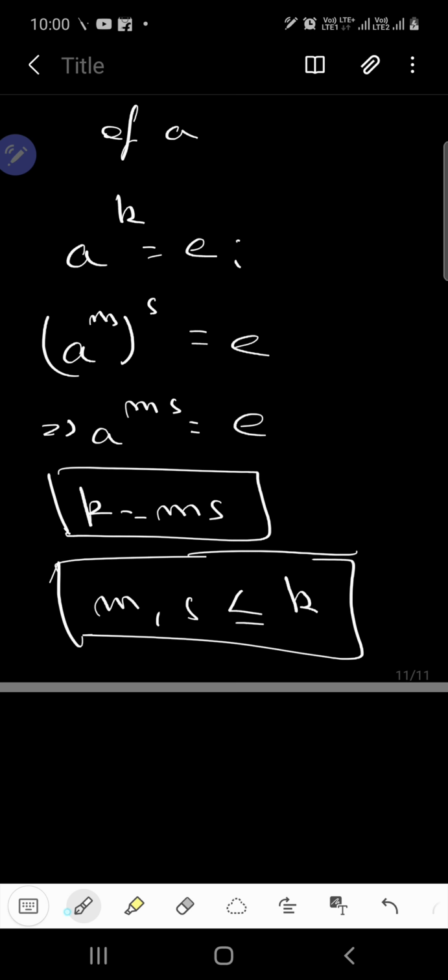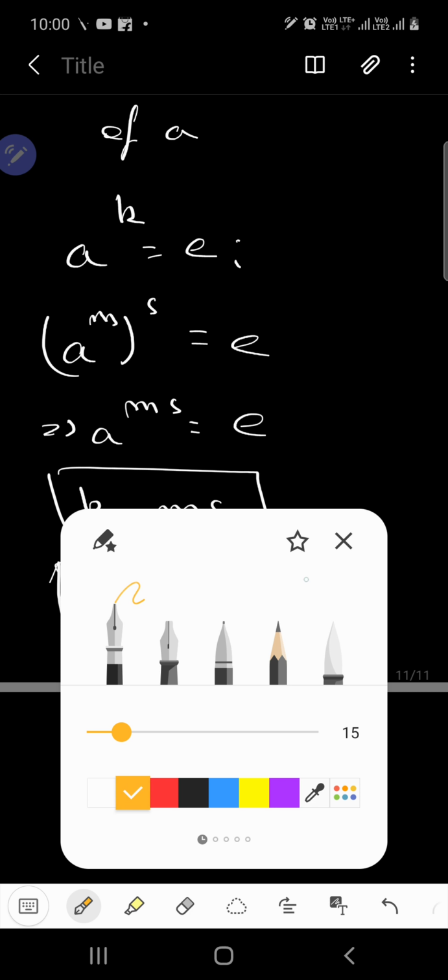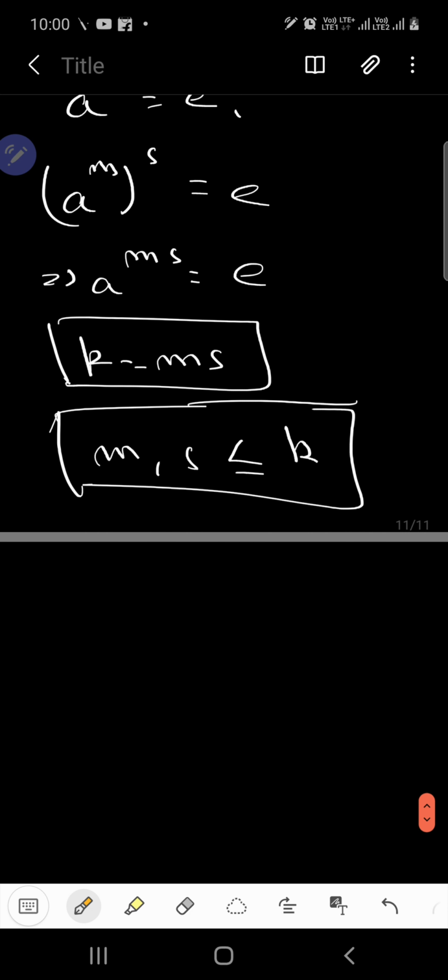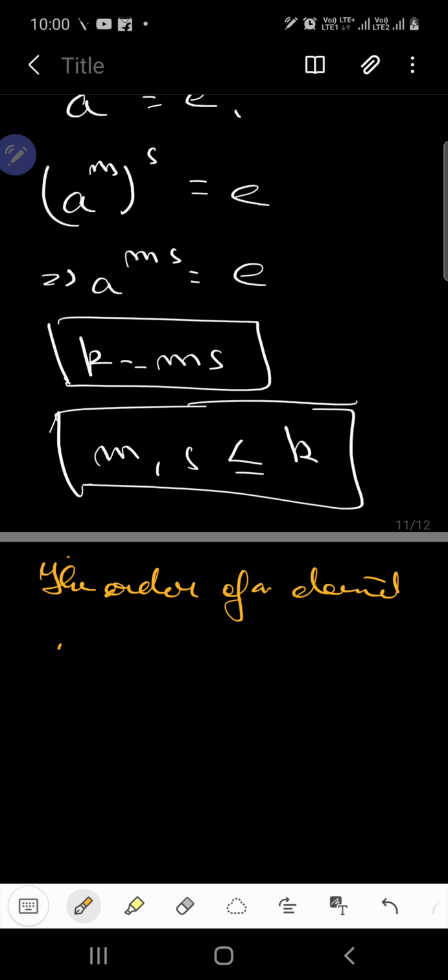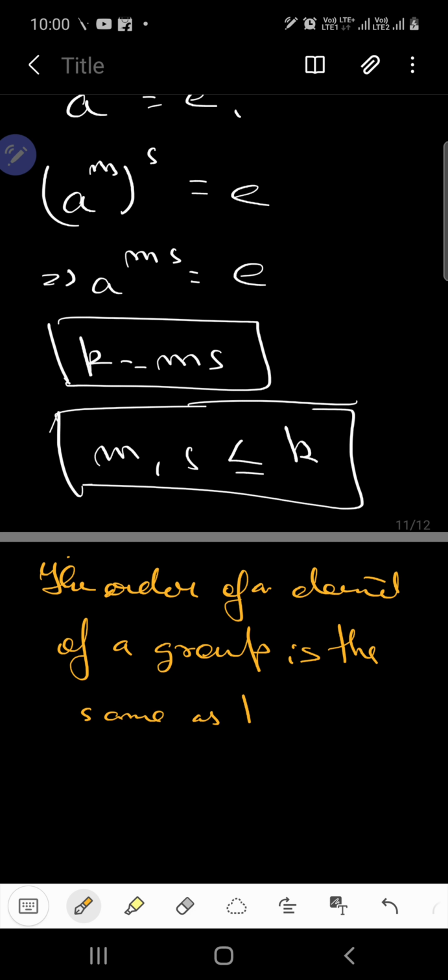Okay. The next point says that the order of an element of a group is the same as that of its inverse.